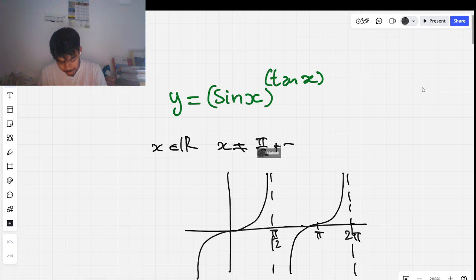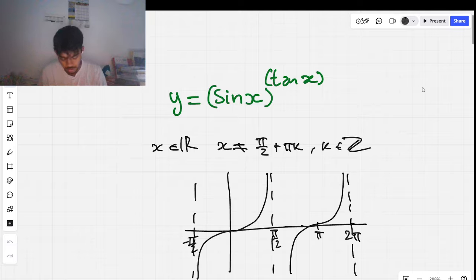It's pi by 2 plus pi k, where k is an integer. So this is the correct way to draw it. At these points, tan explodes to infinity. So I will have to explore what happens between those values.